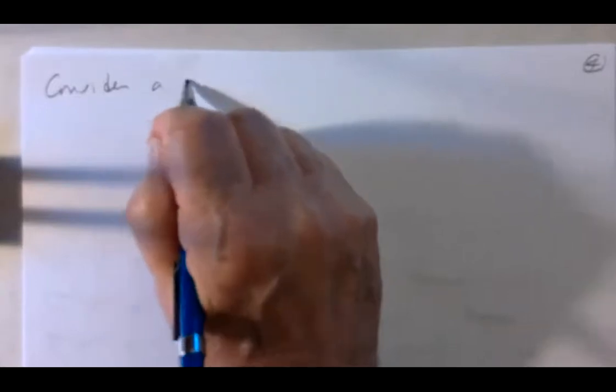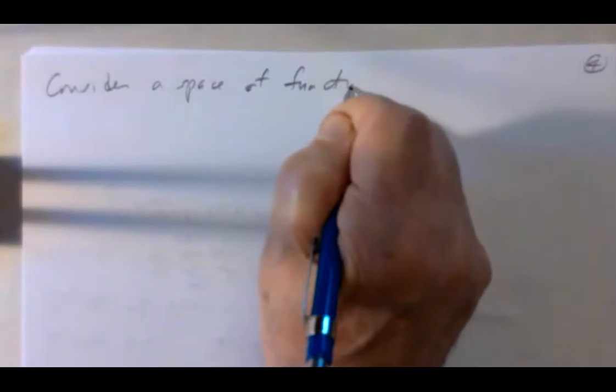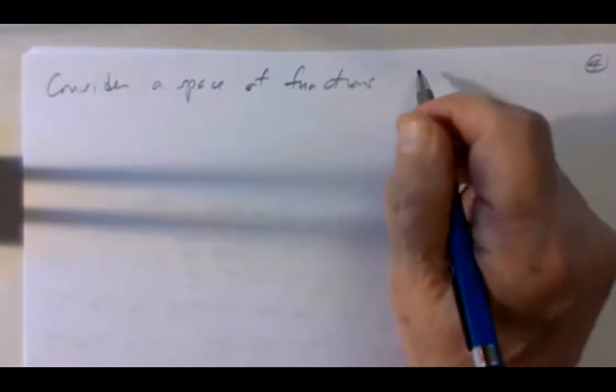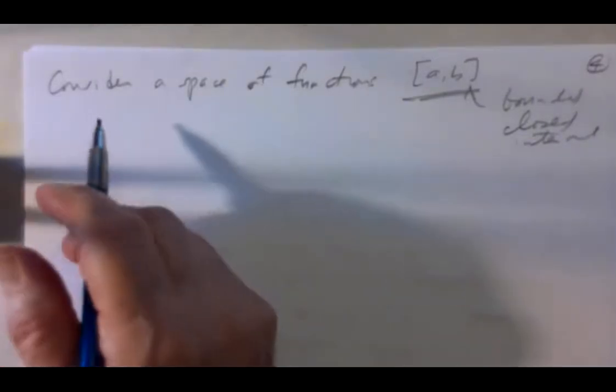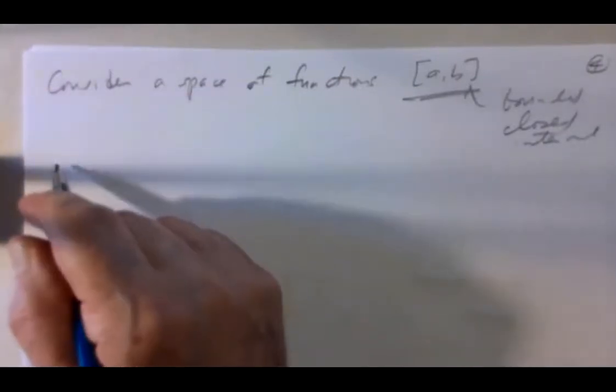So suppose we have a space or a set of functions defined on an interval from A to B. So this is a bounded closed interval. And they can be continuous functions, differentiable functions, piecewise continuous, anything that you're used to using.